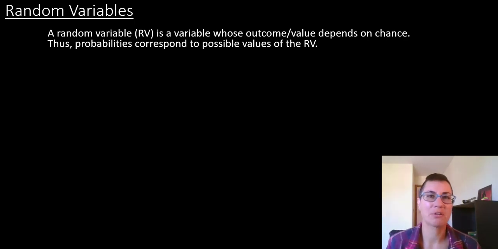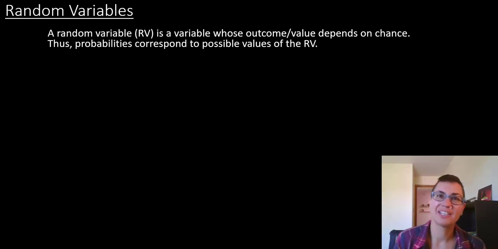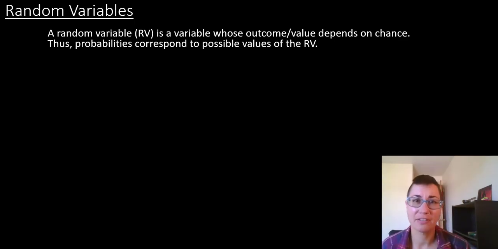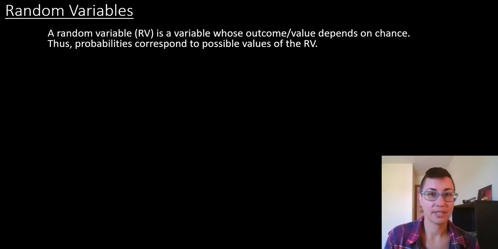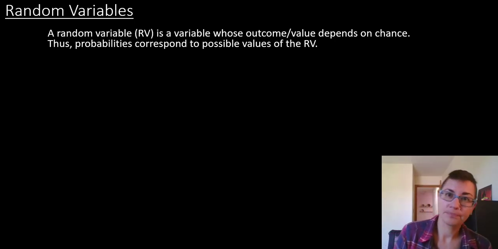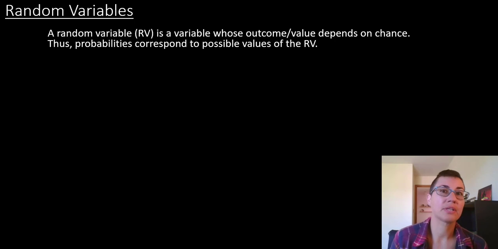Next up on our probability journey is the interpretation of variables, furthermore, as random variables. We already have the interpretation of variables being quantitative, categorical, explanatory, response. Here's another layer.